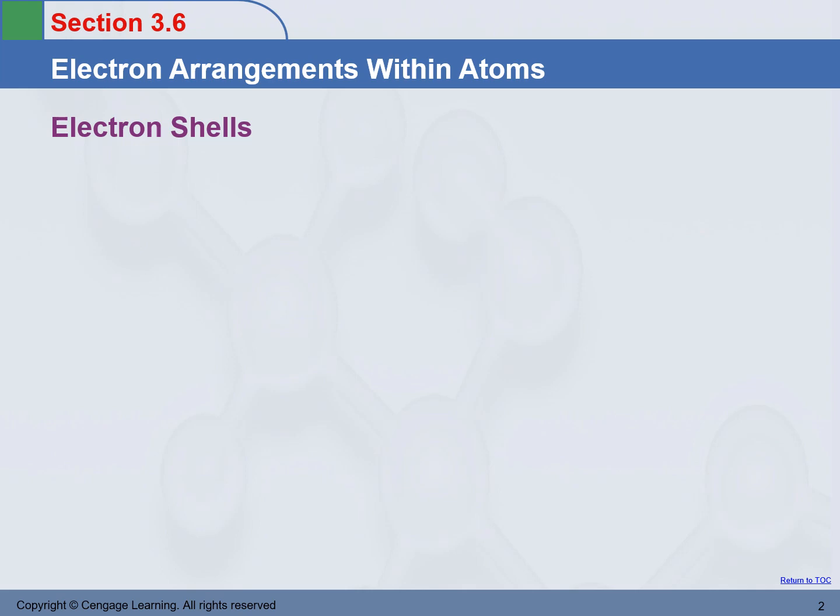What you will see in front of you is a nucleus, but outside the nucleus, there are electron clouds. And those electron clouds are divided into layers. We call those layers electron shells, and this is the description of an electron shell.